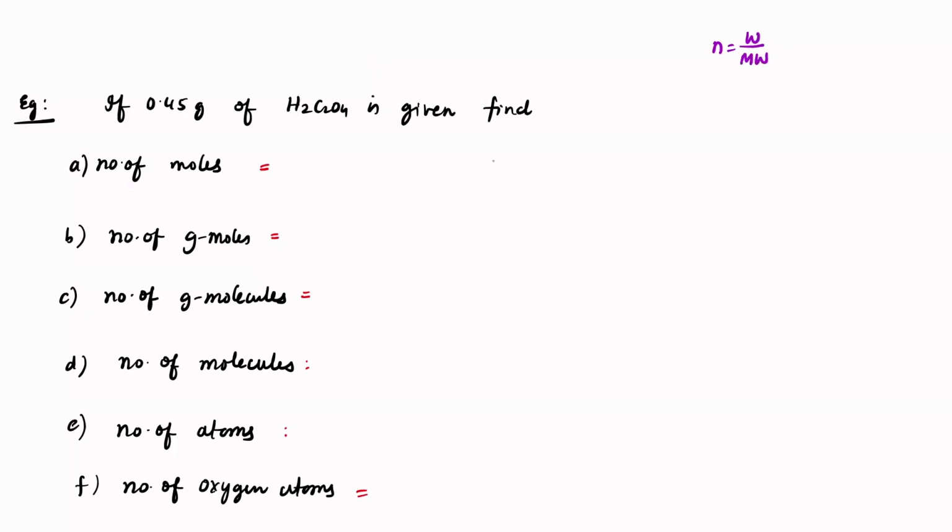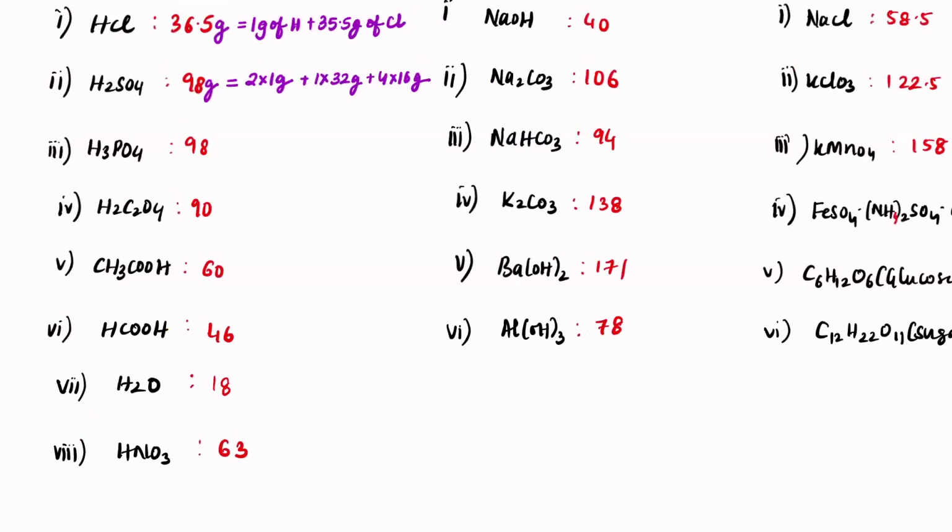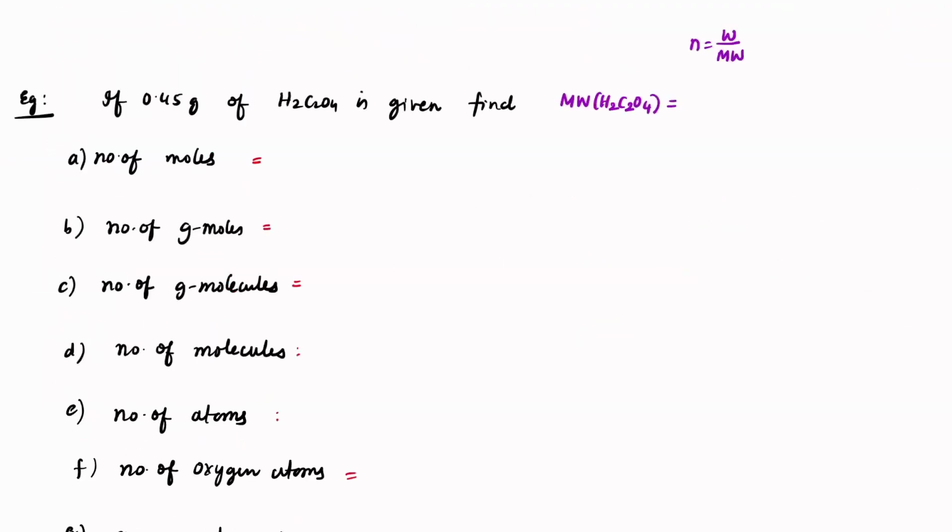So what we require here is the molecular weight of H2C2O4, which is nothing but oxalic acid. I can take it from the data, which is 90. So molecular weight of oxalic acid is 90.